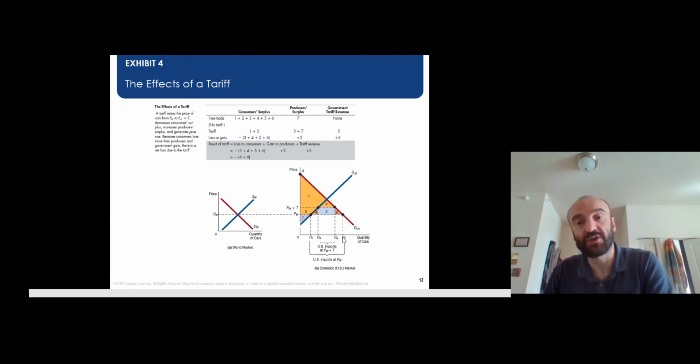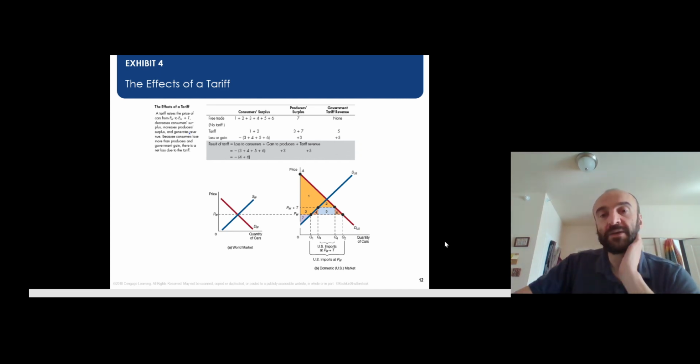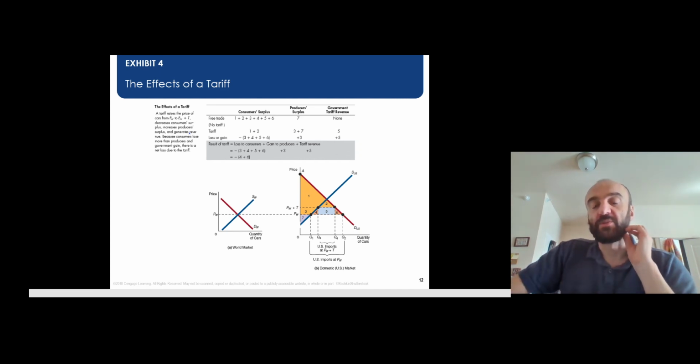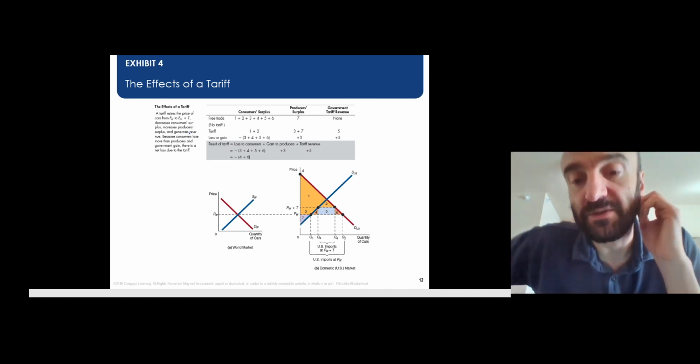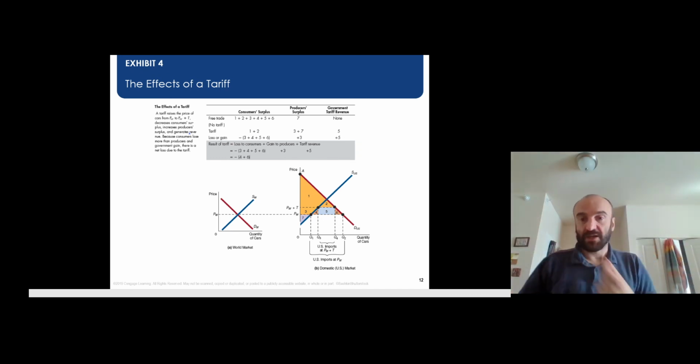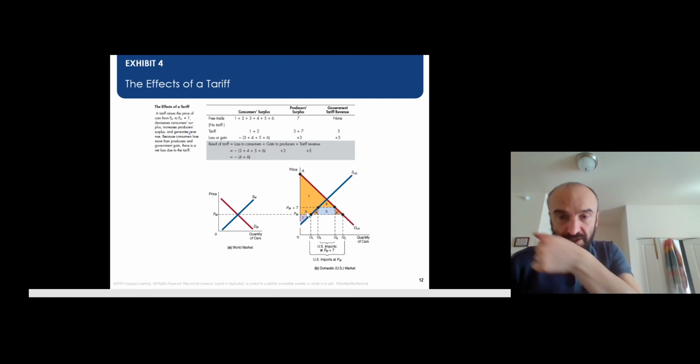So what happens if trade is free? The entire quantity between these two points, Q2 minus Q1, will be imported. So American imports are Q2 minus Q1 if there is free trade.